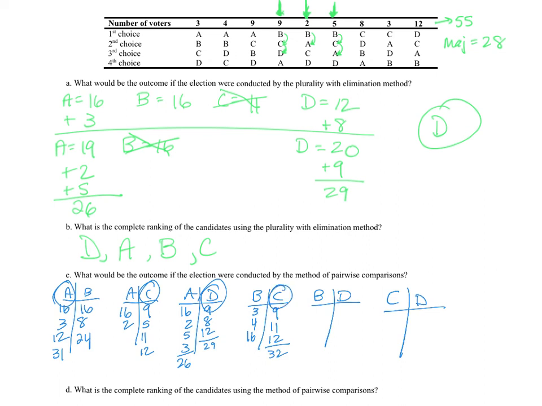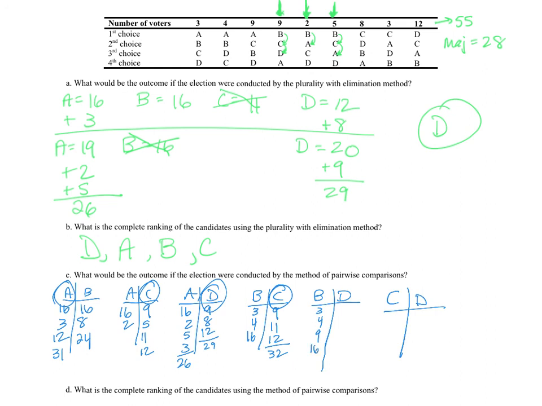B against D. So the first column goes to B. The next column goes to B. The 9 column goes to B. The next 3 columns all go to B, so that's 16.